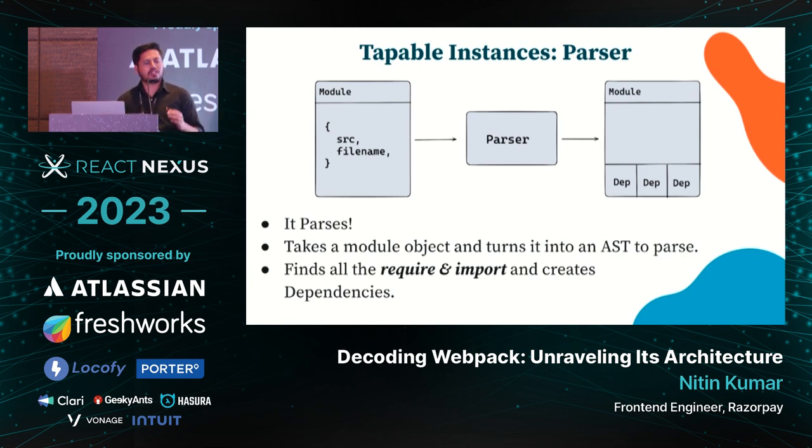It will find all the requires and import statements in that particular file and create dependencies for a module. Suppose you see another import inside nested imports. It will create a module at the high level, say entry.js, and it has two other imports. It will attach them as the module dependencies, something like this.